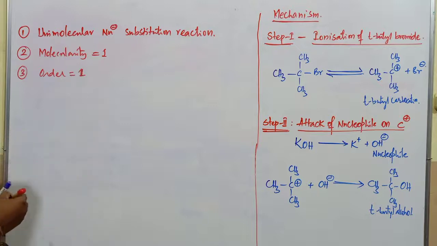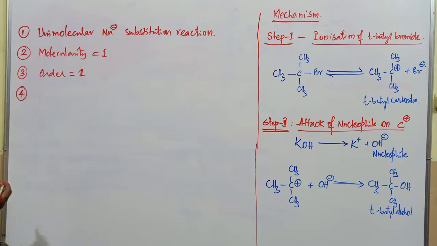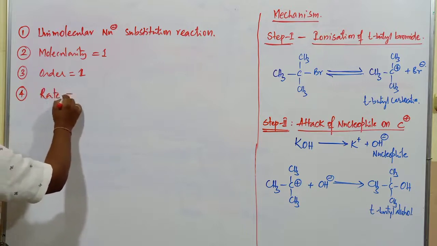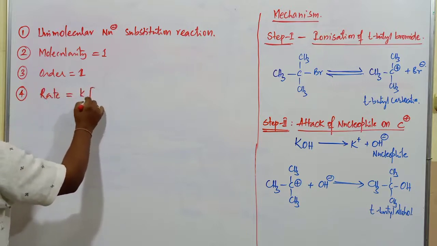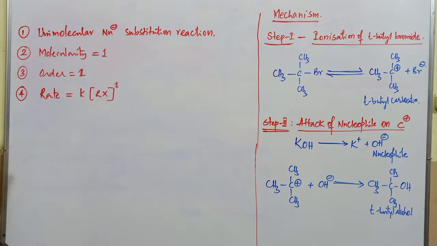About order and molecularity, as I mentioned, we will be studying in chemical kinetics. Next, the fourth point: the rate of this particular reaction is equal to K into Rx to the power 1. Here Rx means an alkyl halide.